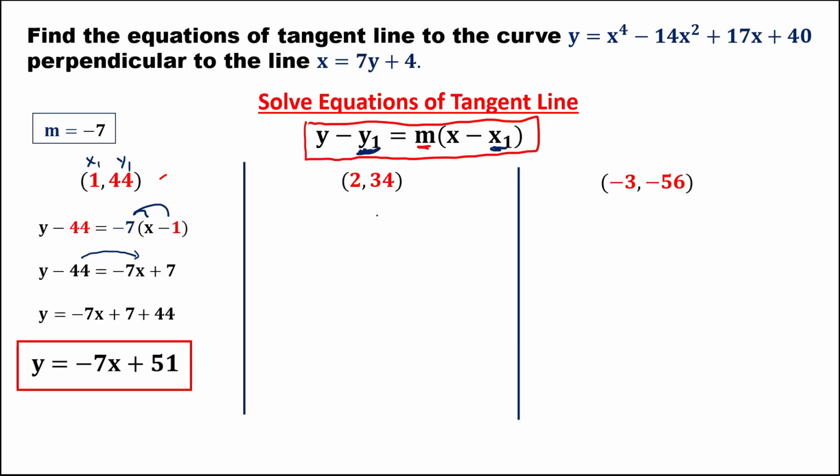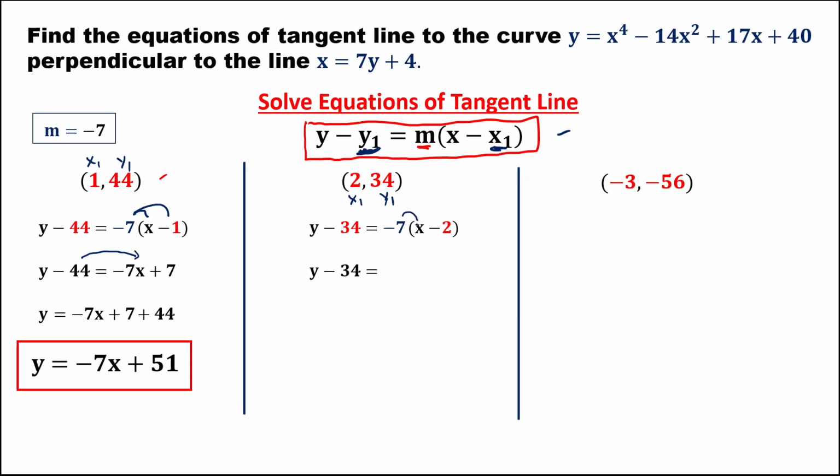Then from the second coordinate, this is x sub 1 and y sub 1. From this formula, y minus positive 34 equals the slope negative 7, times x minus positive 2. Then simplify.